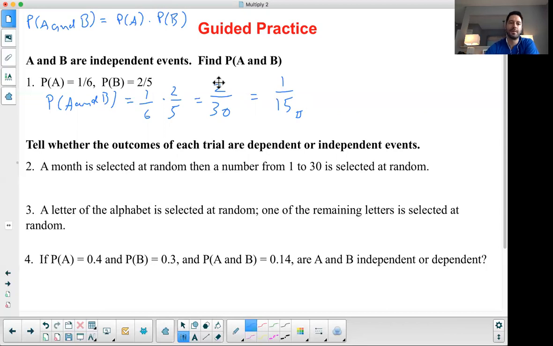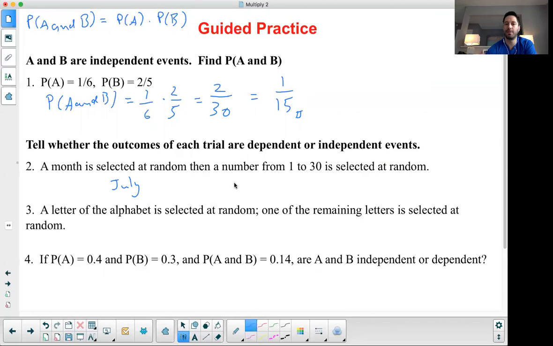Okay, 2. Tell whether the outcomes of each trial are dependent or independent events. Let's think. A month is selected at random, then a number from 1 to 30 is selected at random. I can't really do it randomly, but let's say you throw a dart at a calendar and it hits July.